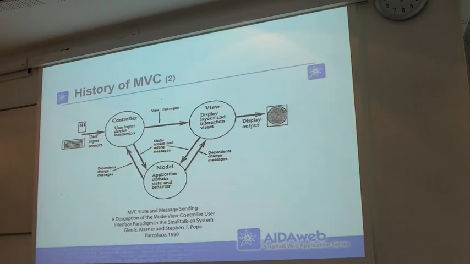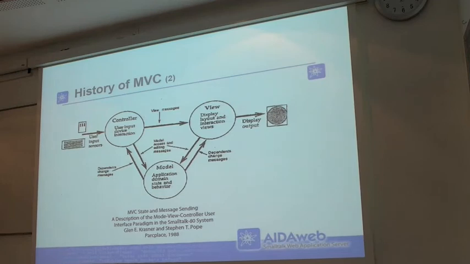So this is a picture from 1988 from ParcPlace, from Glenn Krasner and Stephen Pope. And you see the progress in actually 10 years, how in the Smalltalk world, actually in VisualWorks, things were different. Okay, we have this user input here.